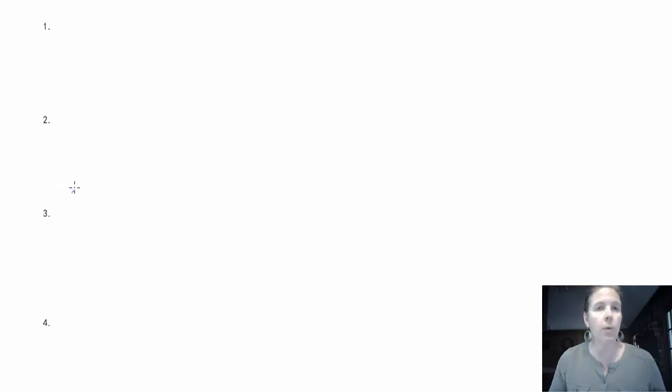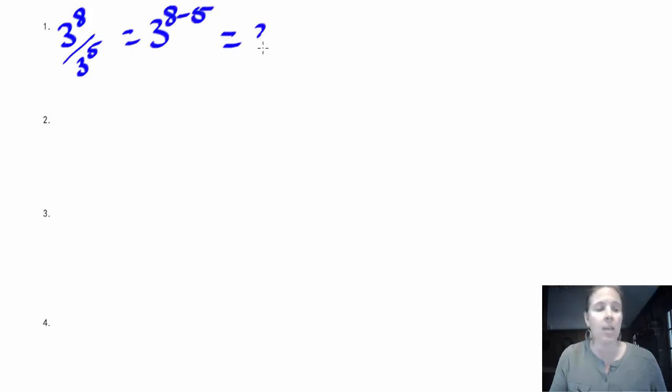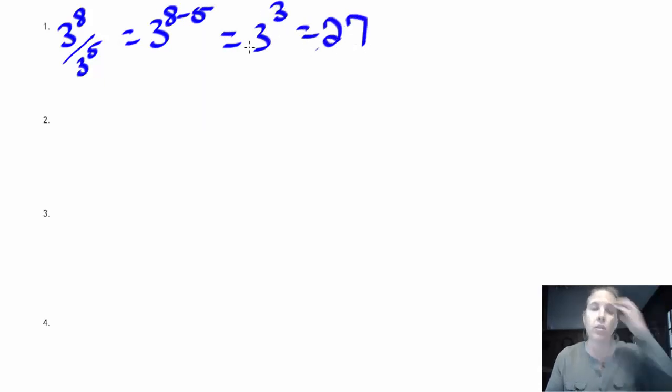Let's do a few examples. Let's do 3 to the 8th divided by 3 to the 5th. Since our base is the same, you can just do 8 minus 5 and get 3 cubed, which is 27. Remember, if there's a number taken to another number, you actually do have to write down a numerical answer.